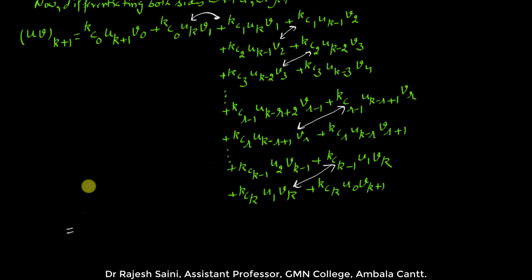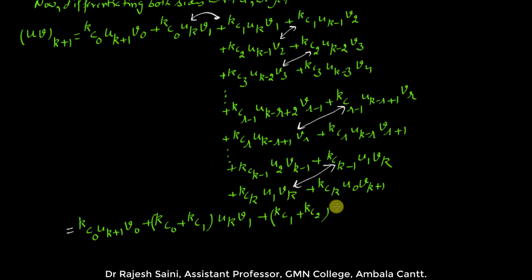Now I am going to write this as further equal to kC0, which is 1, u(k+1) v naught, plus kC0 plus kC1, and outside is uk v1, plus, now collect these two, kC1 plus kC2, outside is u(k-1) v2.